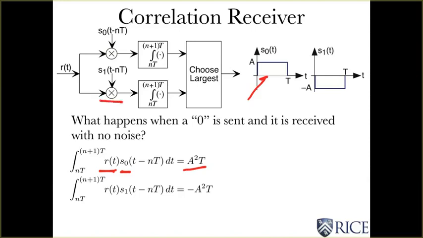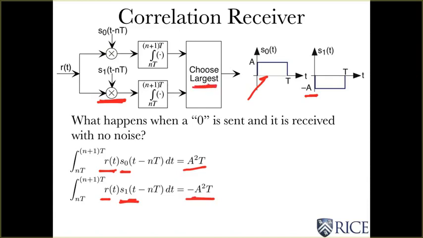In the other part of the receiver, we multiply by S1. Well, that's given by minus a times the plus a, because S0 is what we're assuming was sent. That's what R of t equals. We get minus a squared integrated over the interval, so we get minus a squared t. Now, we choose the biggest of these.